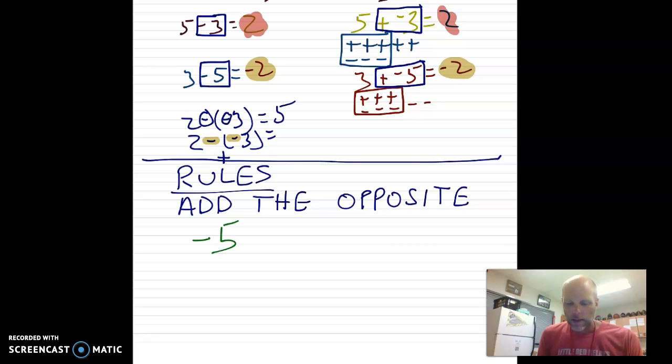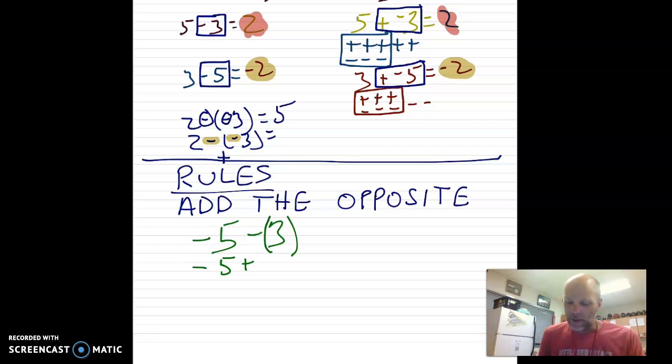-5 minus 3. We're going to change that. Instead of subtracting 3, we're going to add the opposite of 3. Okay? So we have -5. We're going to add instead of subtract. And what is the opposite of positive 3?